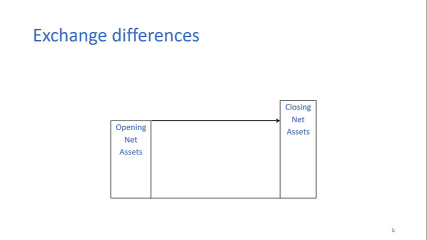The other source of exchange difference arises because of how closing net assets have changed. To simplify things, I'm going to assume that there's been no equity issues and there are no dividends. It's not critical, but it just makes it easier to think about. How does opening net assets change? Obviously, it changes through profit which is earned during the year, doesn't it? And that change in net assets, in the income statement, was recognised at progressive average type rates, whereas in the closing financial statements, at the year end, it was converted at the closing rate.